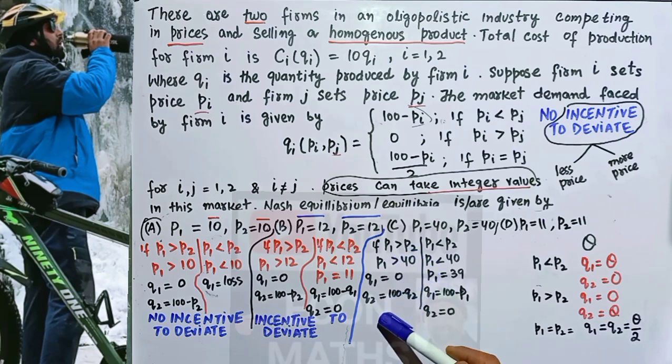In this case he will get no market, so here he has no incentive to deviate. But if he charges less price than firm 2, he has the incentive to deviate. Same logic. So here we have incentive to deviate.